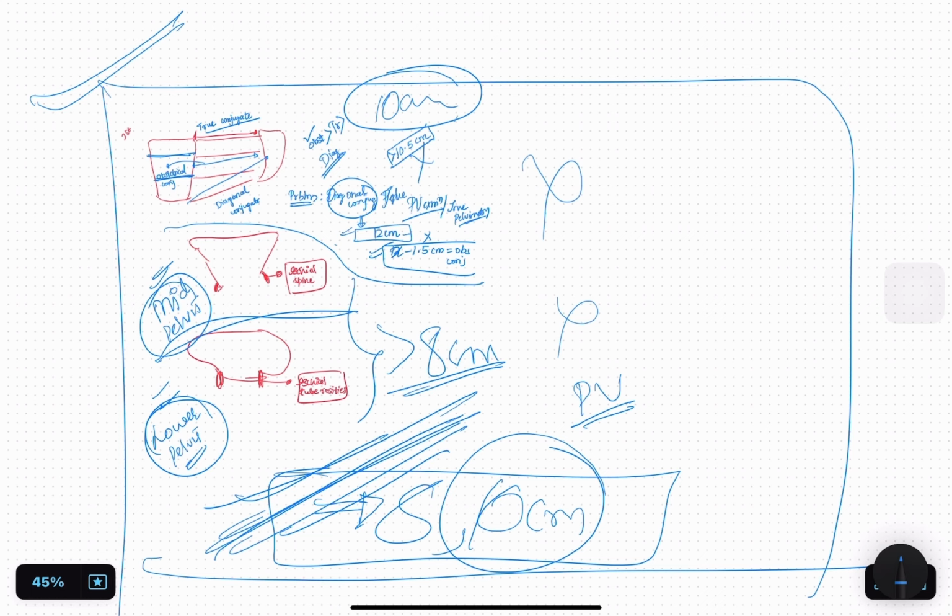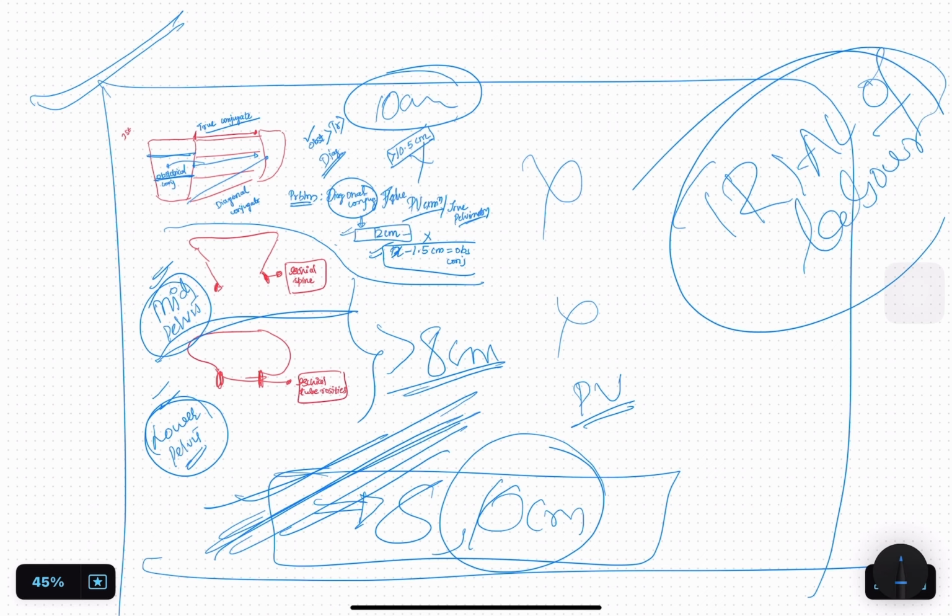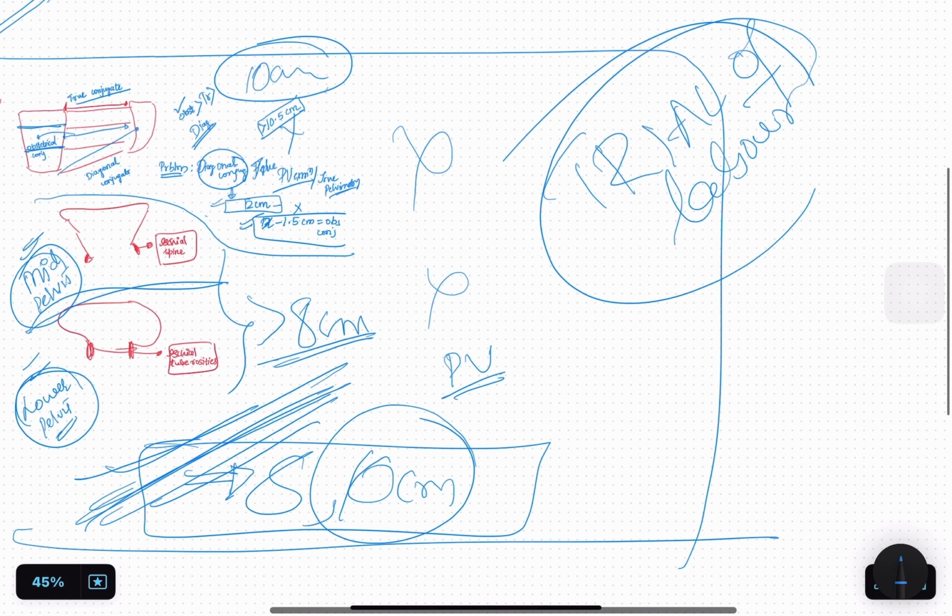What do we do now? We will not do all these things. The best thing to do is go for a trial of labor. Okay, this is the only thing which we do. Because in many cases PV is contraindicated. You cannot do frequent PV when she's in labor, only twice or thrice. So try for labor if she is a para 1.